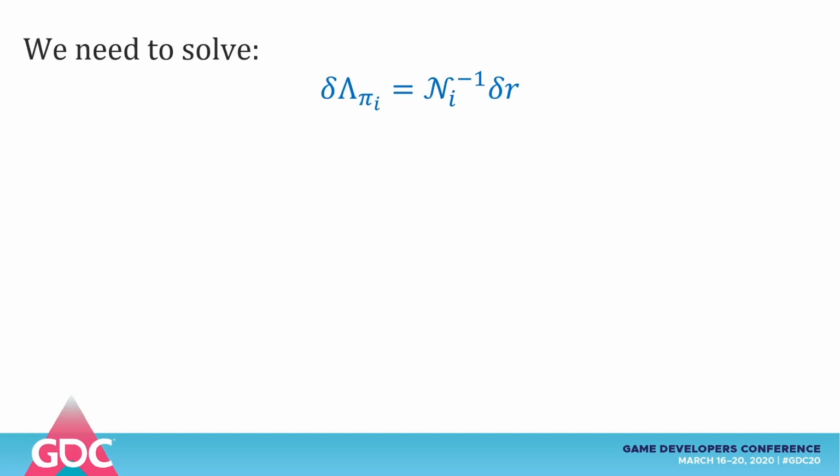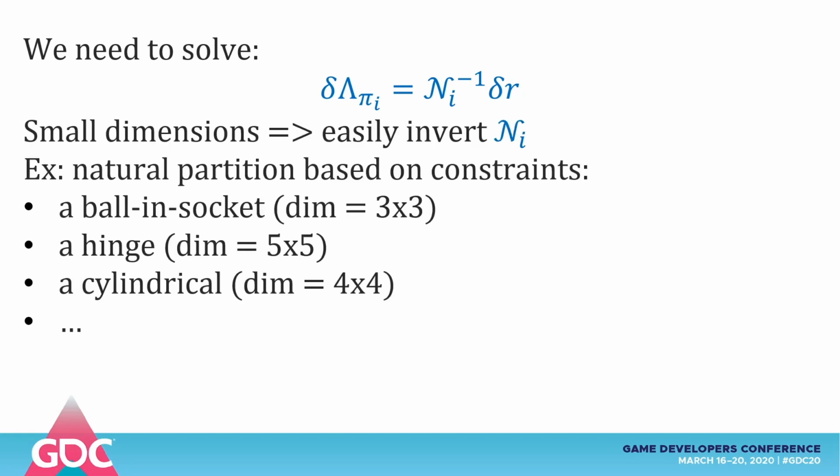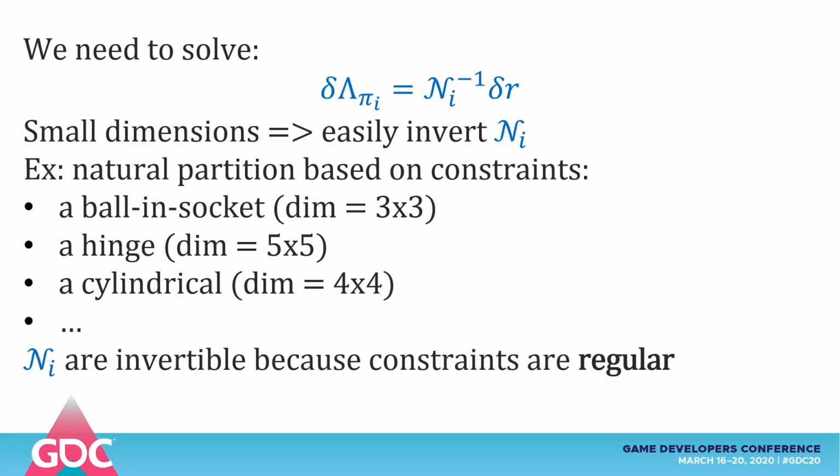In the block version of the impulse solver, we need to evaluate the inverse of the node matrix times a vector. For small dimensions, this is as easy as inverting a matrix using a naive method like Cramer's rule. For example, using the natural partition coming from grouping the rows by constraints, the node matrices will have dimensions up to 6 by 6. And these are invertible because we assume the constraints are regular.